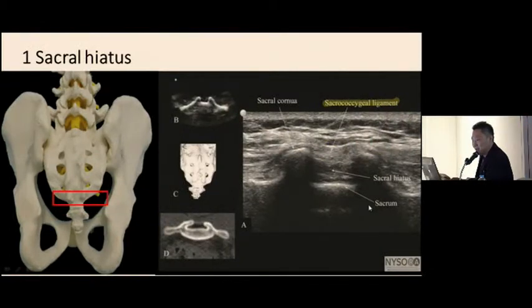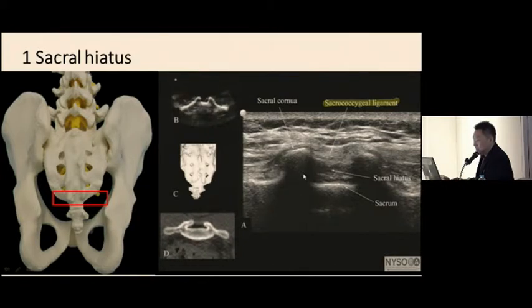The easiest one is the sacral hiatus. You can palpate the midline and try to find the sacral area. You can start from the coccyx. It's going to be a flat white line. It's the coccyx, and you just scan it up until you see this one. This is the happy frog. This is the frog eye, and this is the sacral hiatus.